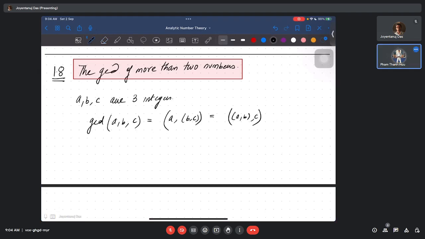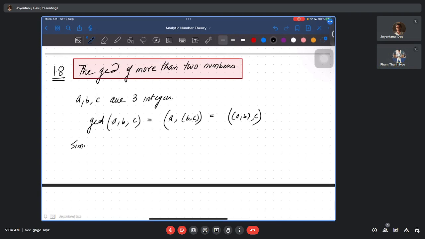So similarly, for the GCD of n numbers or n integers A1, A2, up to An, we can define this inductively.